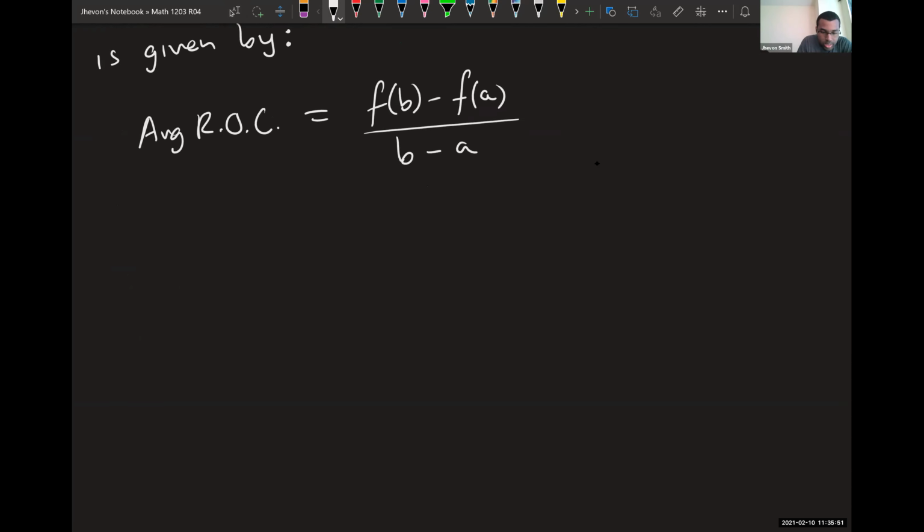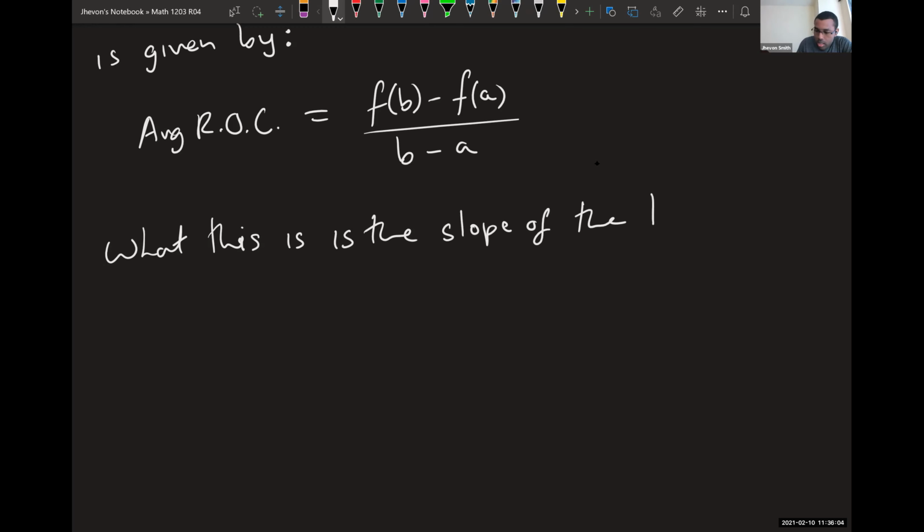Now, what this is is the slope of the line.